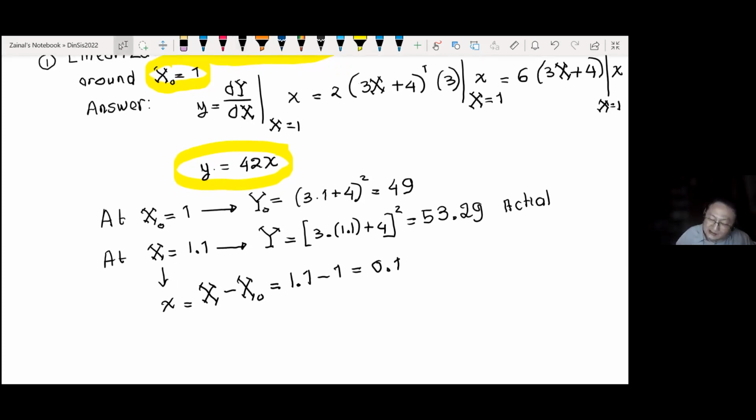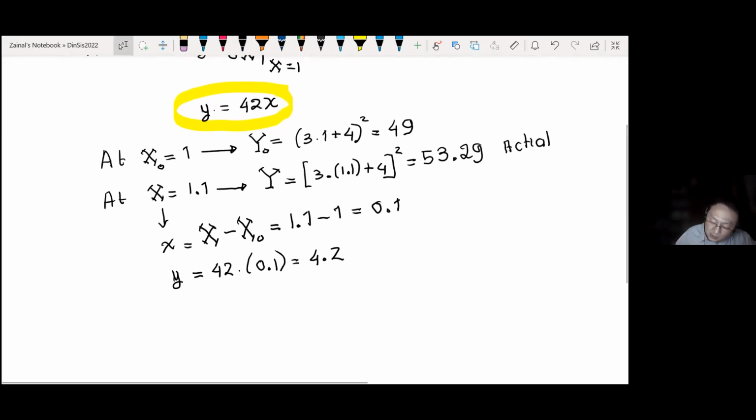Because x is there, then y is equal to 42 multiplied by x, multiplied by 0.1, which is equal to 4.2.